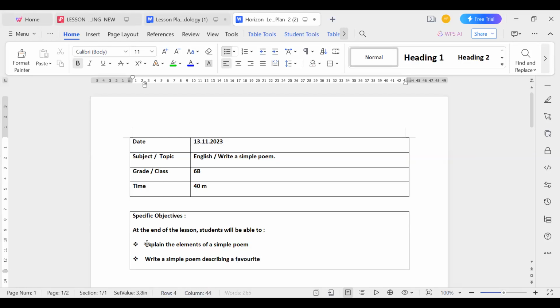Very favorite person. Write a simple poem describing a favorite person. Then we look at psychomotor. Now you get them to write their own poem for homework about their mom. Our Mother's Day is around the corner, so you ask them to write a poem and prepare a card for their mom. So that is psychomotor. You get me?